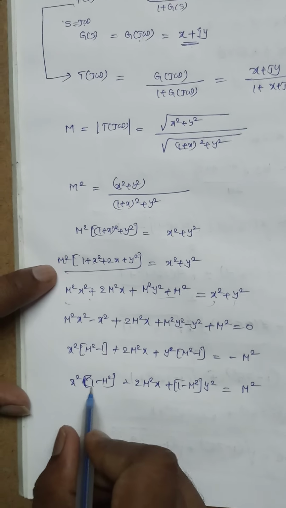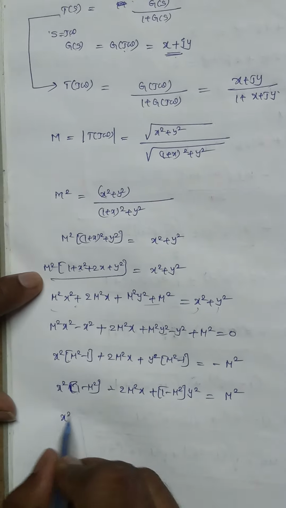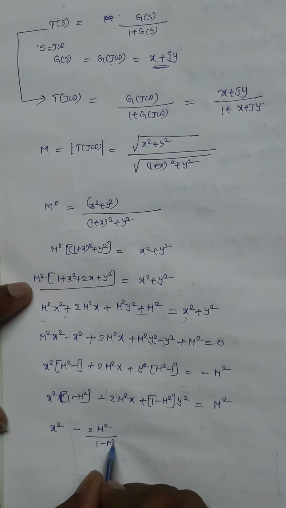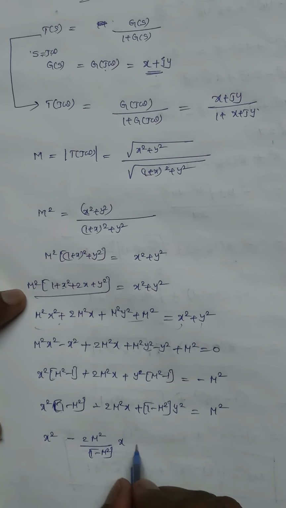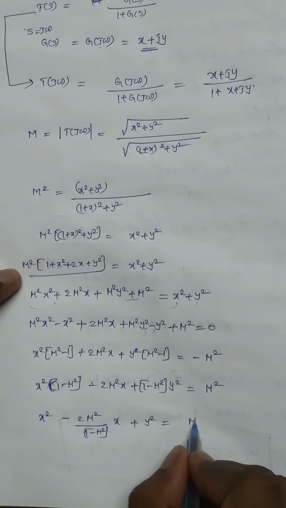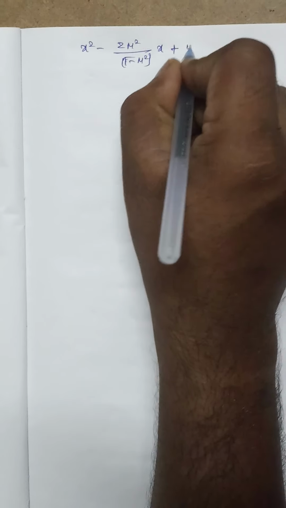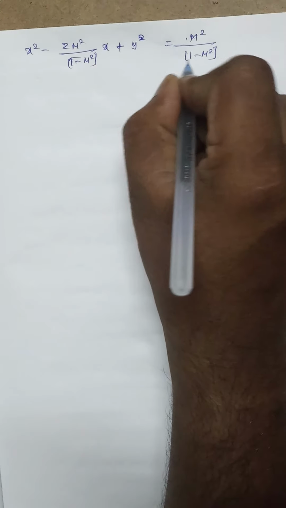Divide this equation with 1 minus M square: x square minus 2M square divided by (1 minus M square) into x plus y square is equal to M square divided by (1 minus M square).